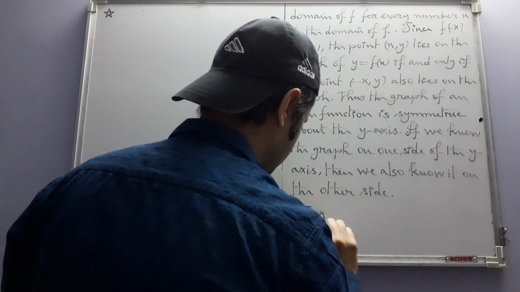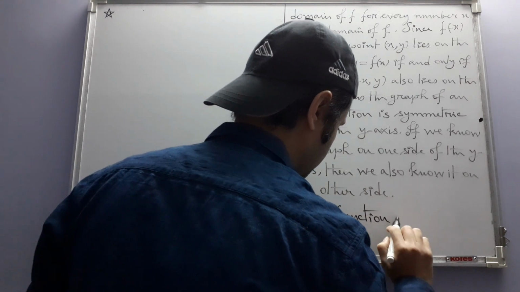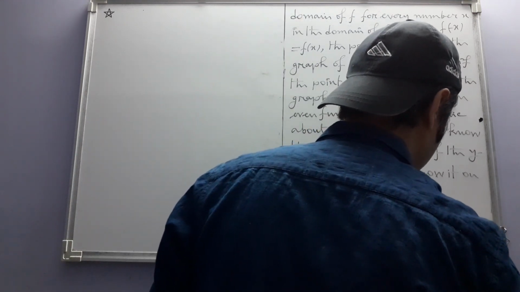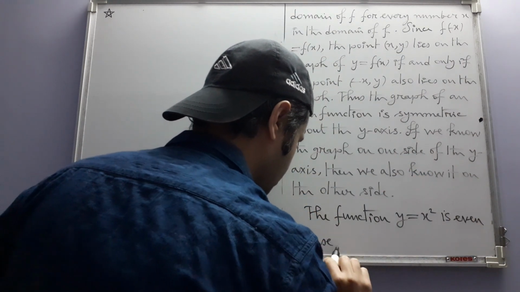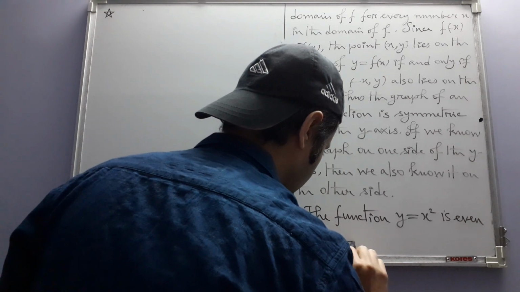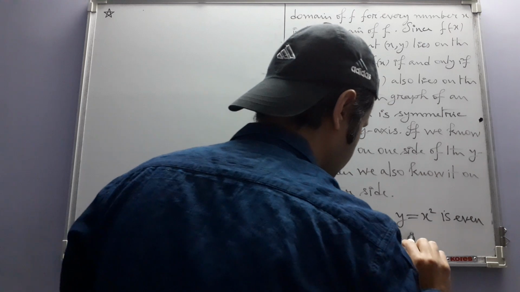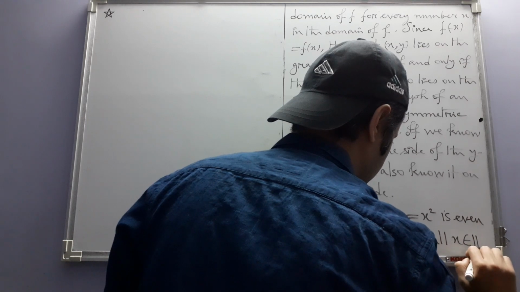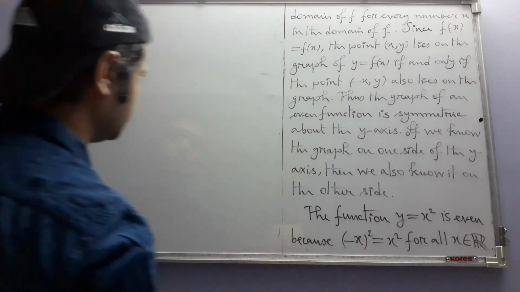The function y equal to x square is even because minus x whole square is equal to x square for all x belonging to the set of real numbers, which is the natural domain of the square function.